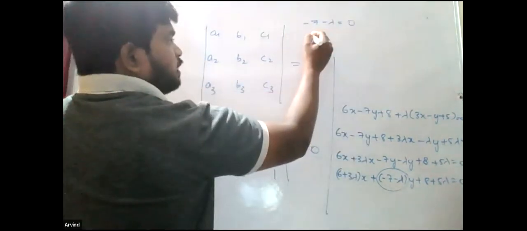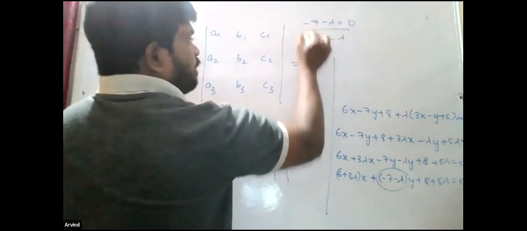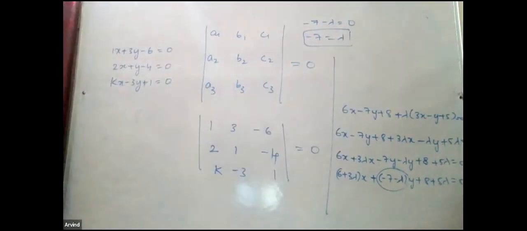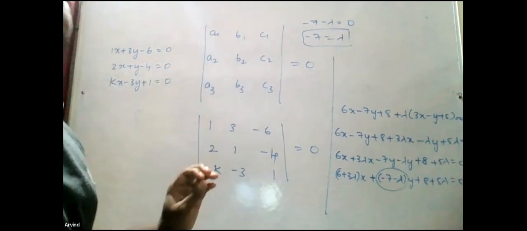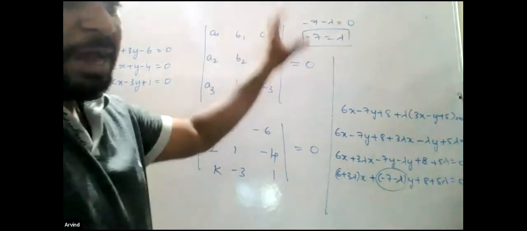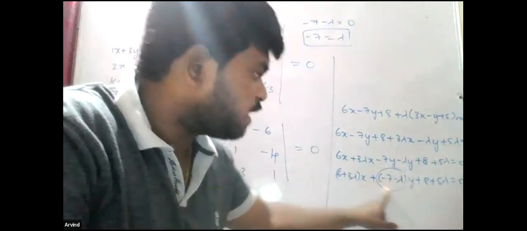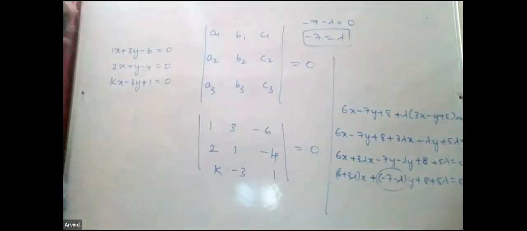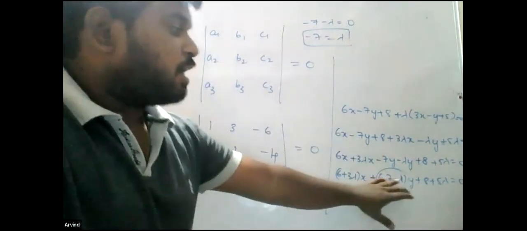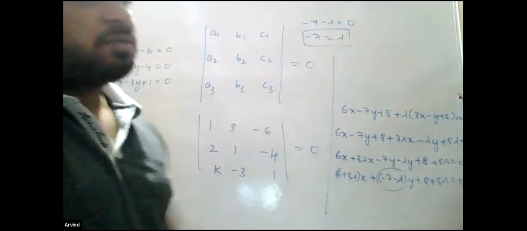Take minus lambda to the other side, and you get the value of lambda. So you have to remember that if a line is parallel to the y-axis, its y coefficient must be 0. Let's not get into that, just remember this.